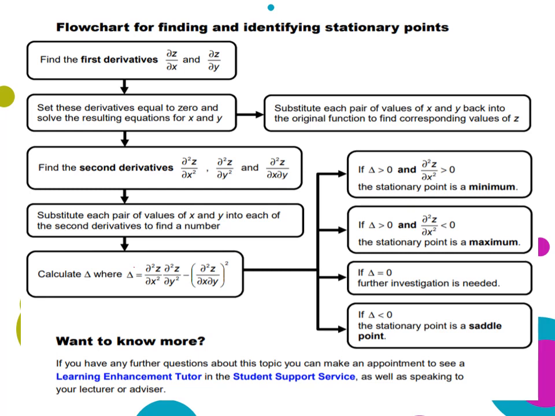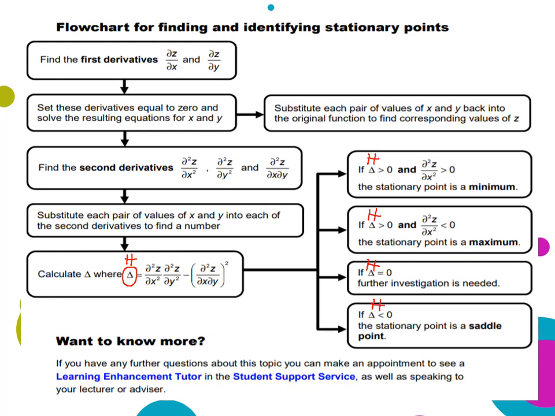Something that you need to take note of here is that your Hessian is defined by this, by delta. So the symbol for Hessian is this. This is also Hessian.